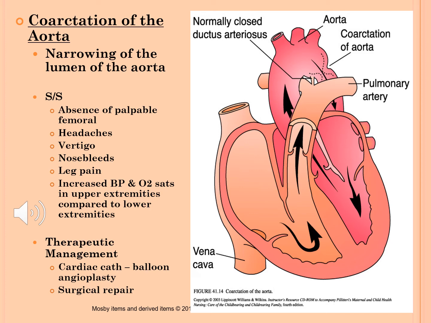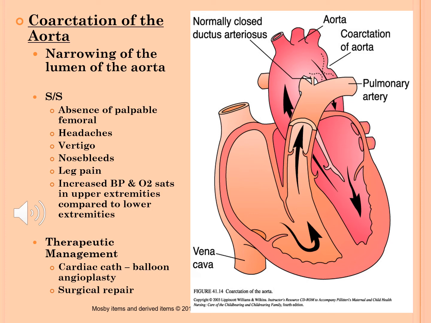Your signs and symptoms are going to make more sense when you think about that it can't all get through. Very frequently, children aren't actually diagnosed with coarctation until they grow and are noted to be hypertensive. But when do we start screening blood pressures on a routine basis? Not until they're age 3, right? Unless something comes up that there's a problem, we're not routinely screening that.